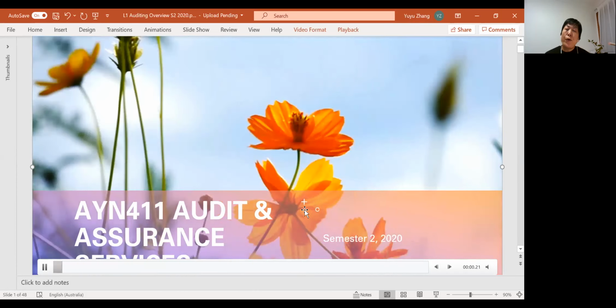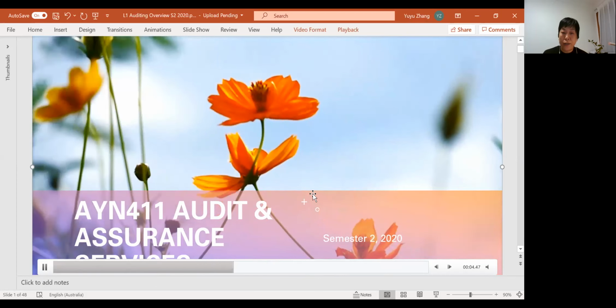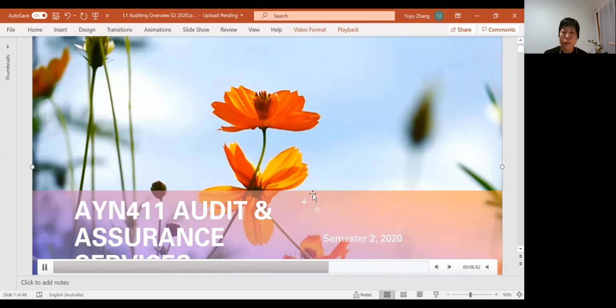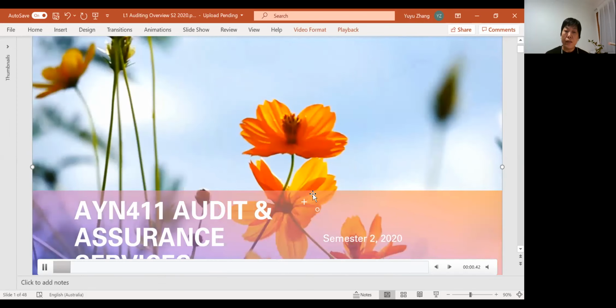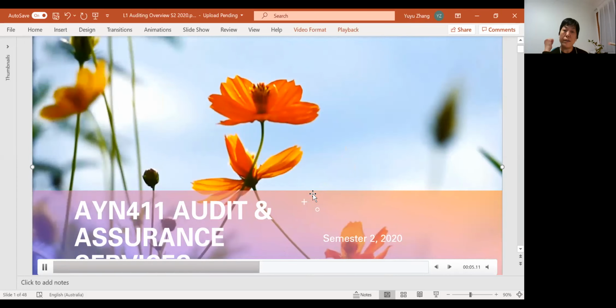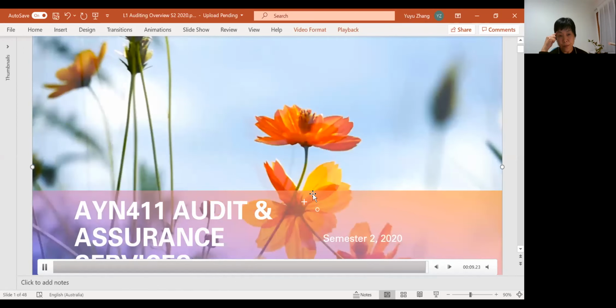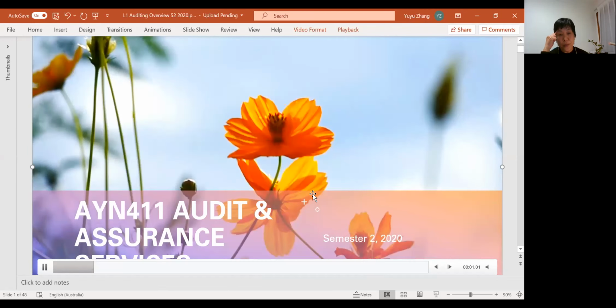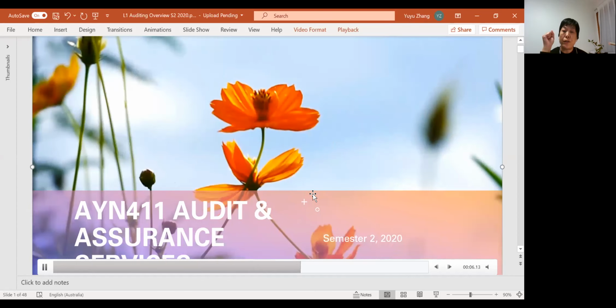In this unit, we have a 2-hour lecture and 1-hour tutorials. I believe all of you have already been allocated into one of the tutorials. One is at 5 o'clock, starting from next week, and the other one is at 8 o'clock. I'm still sorting out how to organize the tutorials, because we have 2 of them.